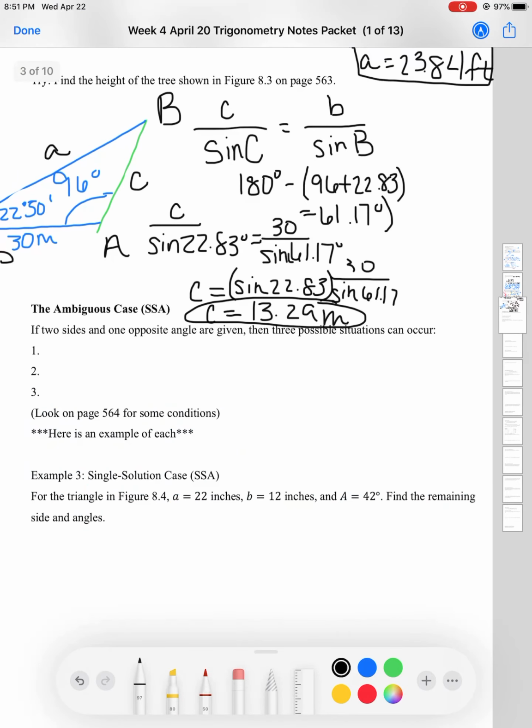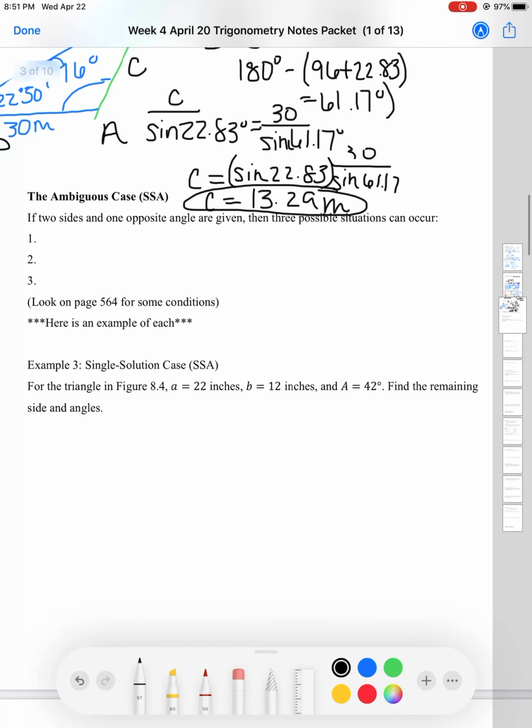The first case is that no triangle exists. The second case is one triangle exists.